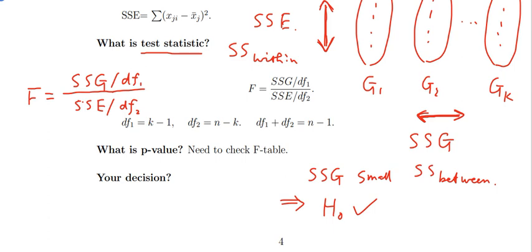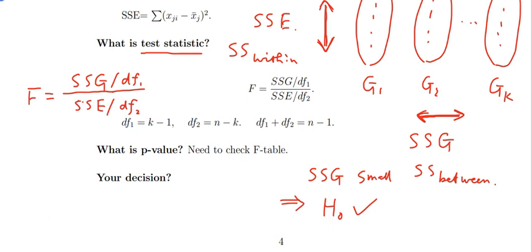If this F value or this test statistic is small, then we say no much difference, or the difference is not so significant. So again, how to determine whether this test statistic or this F value is a big number or a small number?